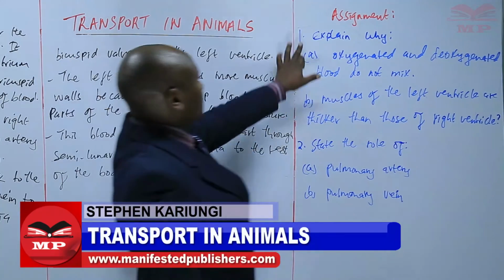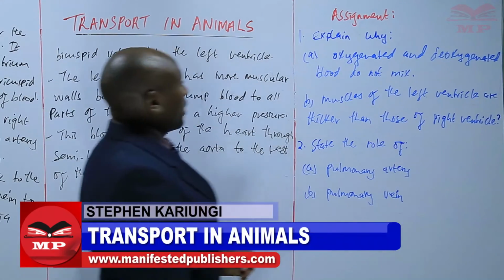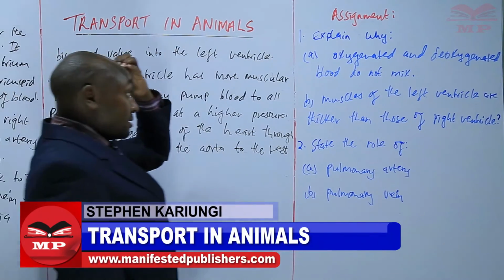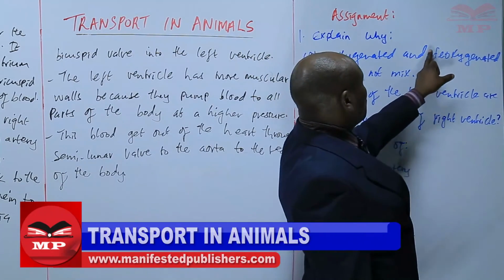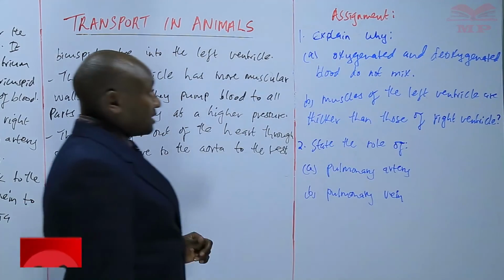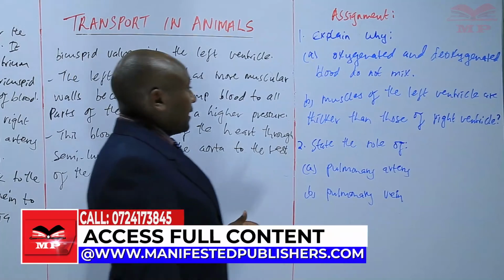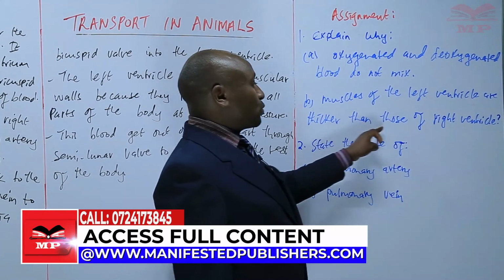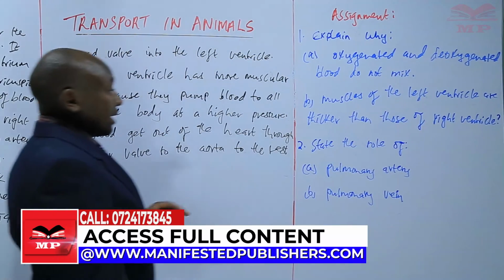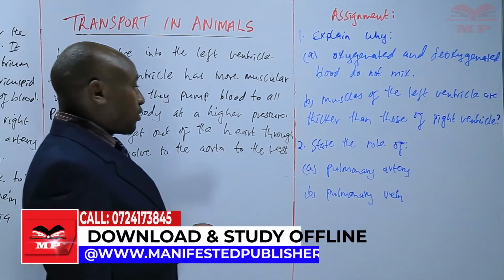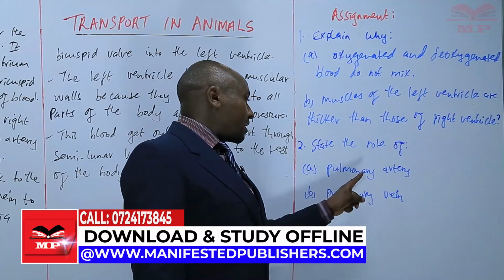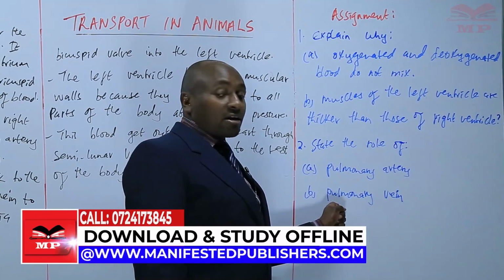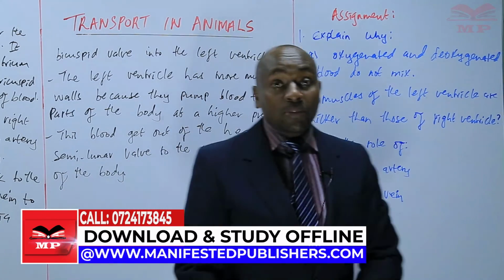The first question: explain why, A, oxygenated and deoxygenated blood do not mix in the heart, and B, muscles of the left ventricle are thicker than those of the right ventricle. And question number 2: state the role of the pulmonary artery and pulmonary vein.